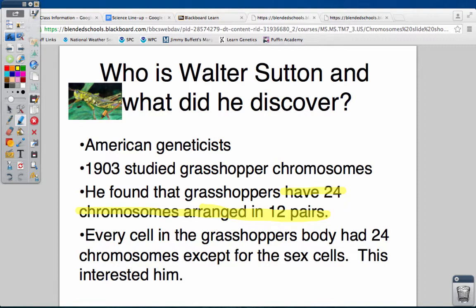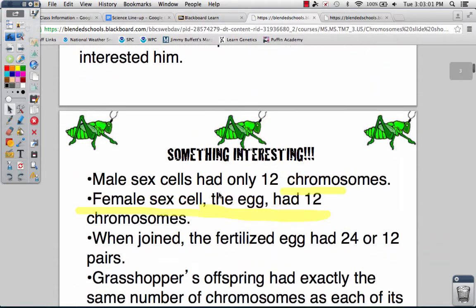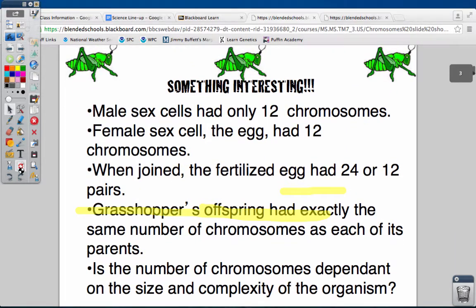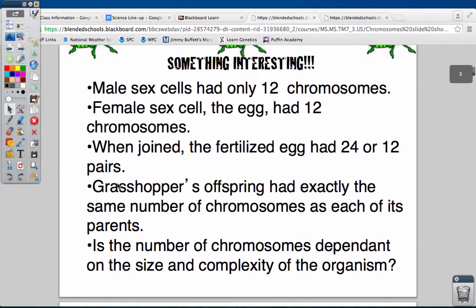So the eye color might be on the first chromosome, and it's going to be on the first chromosome of its pair. Every cell in the grasshopper body has 24 chromosomes except for the sex cells, and he found this to be incredibly interesting. Male sex cells only had 12 chromosomes. Female sex cells, also known as the egg, only had 12 chromosomes.